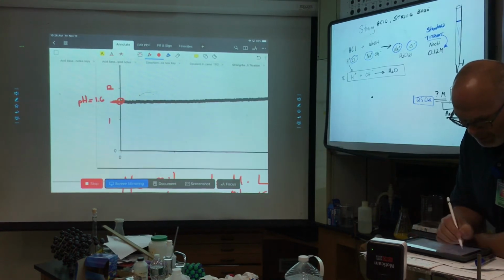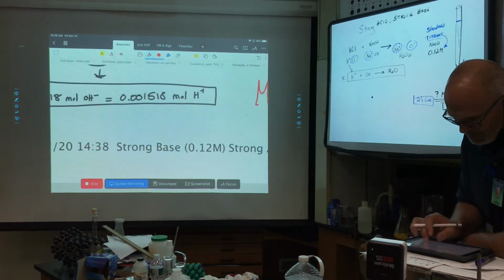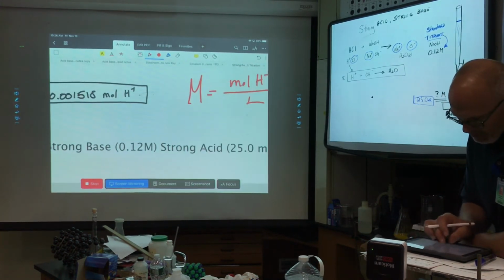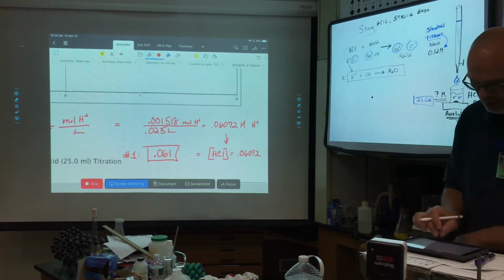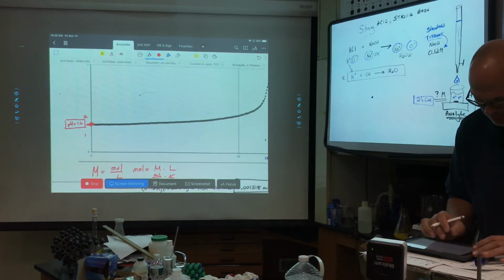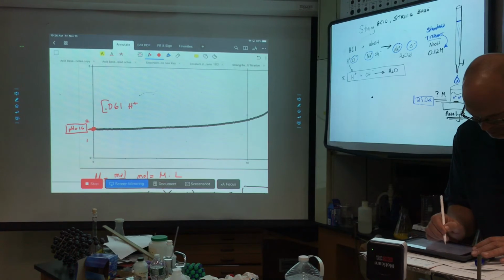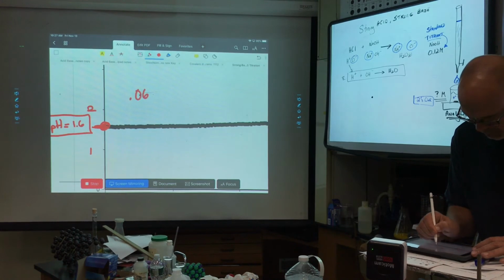Okay, let's see if I can verify this pH with this concentration. We said the concentration of the acid is 0.061. So 0.061 is equal to the concentration of my H+, or my HCl.